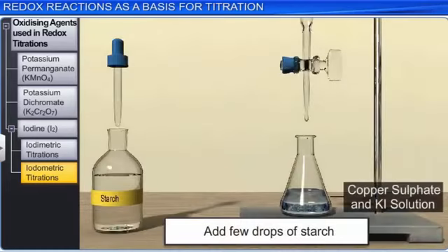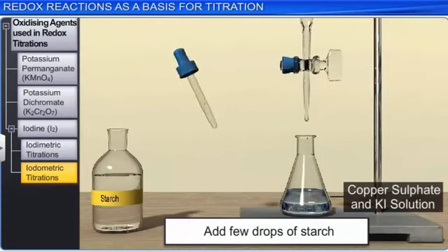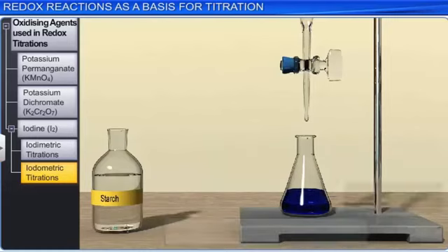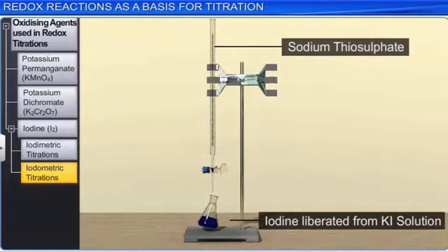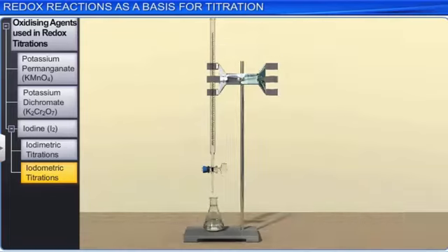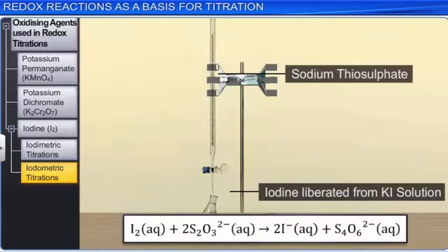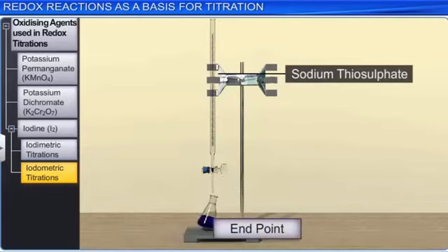An intense blue color develops when starch solution is added to the liberated iodine. This solution is titrated against sodium thiosulfate solution. The color disappears as soon as the iodine is consumed by the thiosulfate ions. Thus, the end point is detected easily by noting the color change.